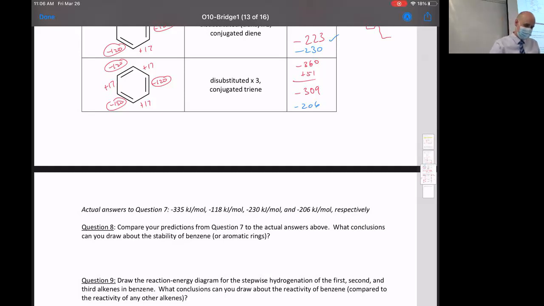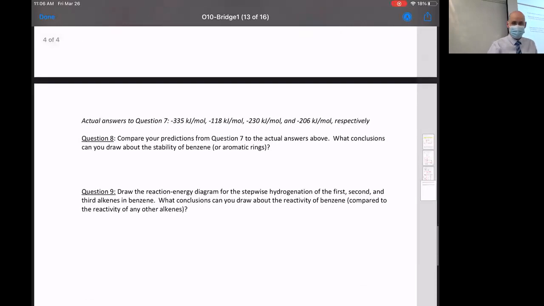But for now, the takeaways are, our predictions were pretty good, but what can we say about the stability of benzene rings? Okay, let's be a little bit more specific and scientific.